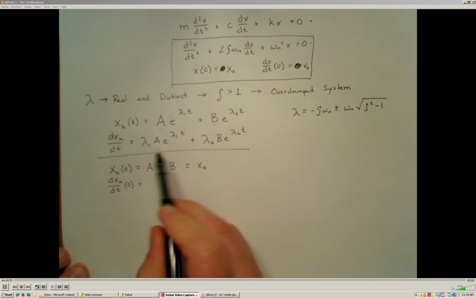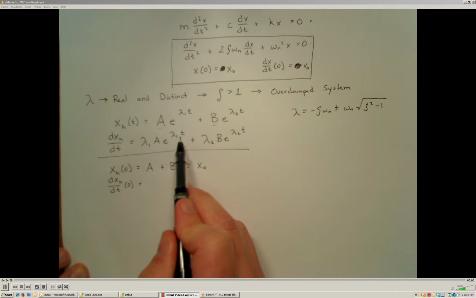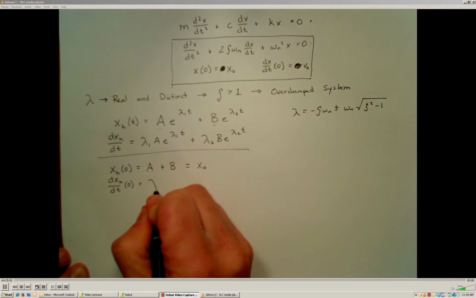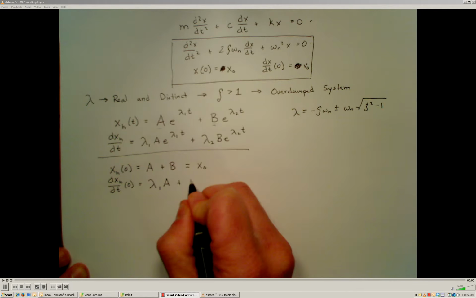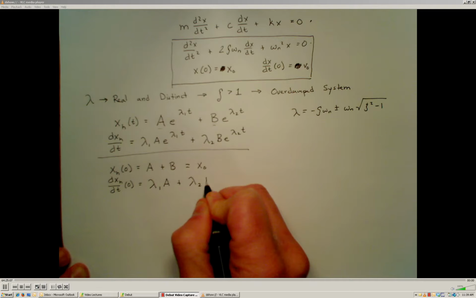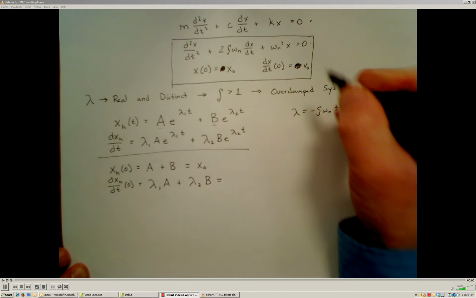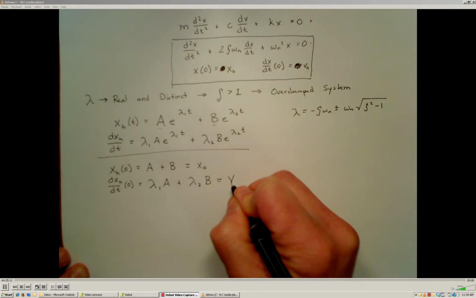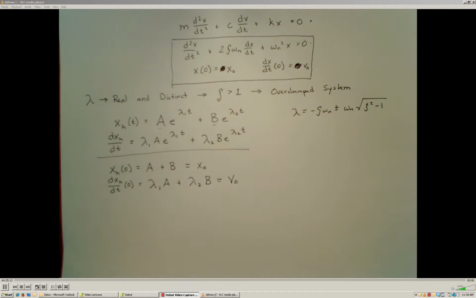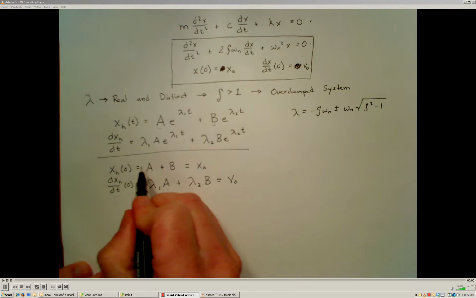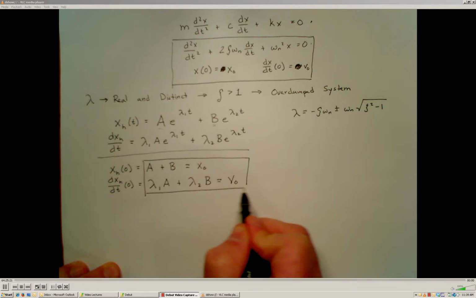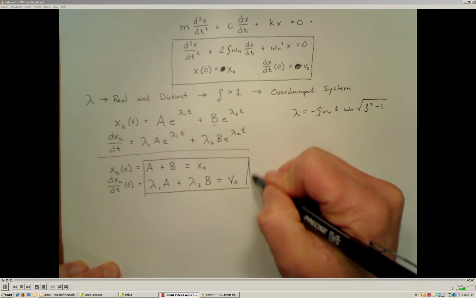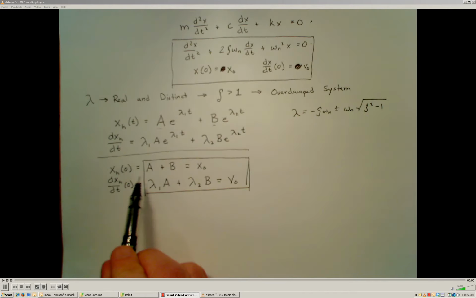Again, e raised to the 0 is 1, so I'm left with my first eigenvalue times A plus my second eigenvalue times B, and that must be equal to v naught. Now I have two equations for two unknowns that can be solved by substitution to determine the unknown constants A and B.